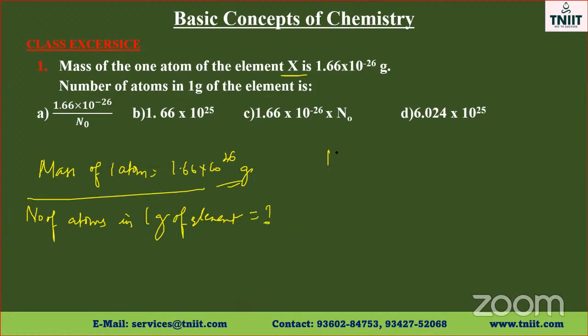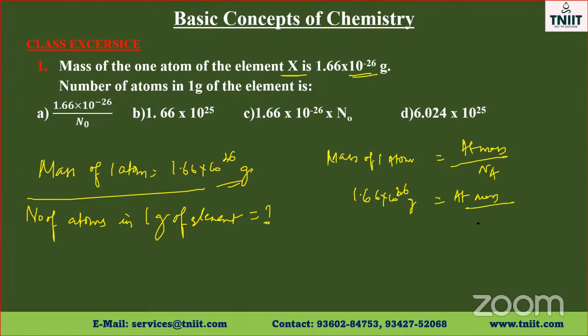I told you the mass of one atom is calculated by the formula atomic mass divided by Avogadro's number. Since they have given the mass of one atom, 1.66 into 10 power minus 26 grams, that will be equal to atomic mass divided by Avogadro's number, 6.023 into 10 power 23.